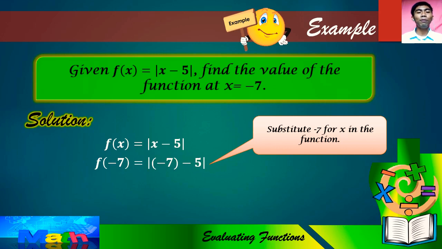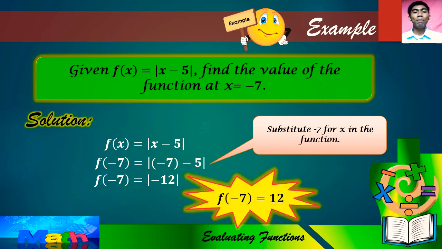We have f of negative 7 equals the absolute value of negative 7 minus 5. F of negative 7 is equal to the absolute value of negative 12. And the absolute value of negative 12 is positive 12. Therefore, f of negative 7 is simply 12.